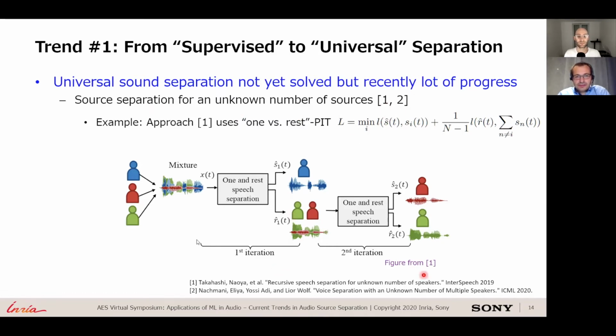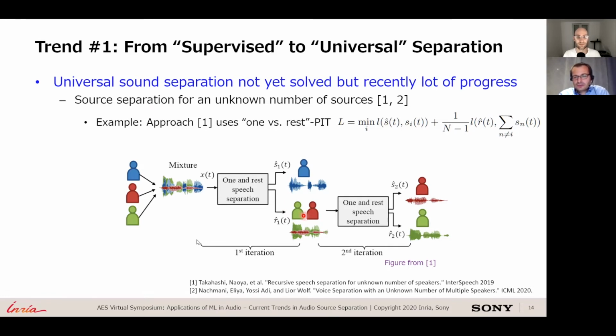So for example, in this approach here, the idea is to recursively split out one source from the mixture using a one-and-rest speech separation system. The network has 2 outputs, S of t and R of t, where S of t contains the estimate of one sound source, in this case here of one speaker, and R of t contains the remaining speakers that are left.